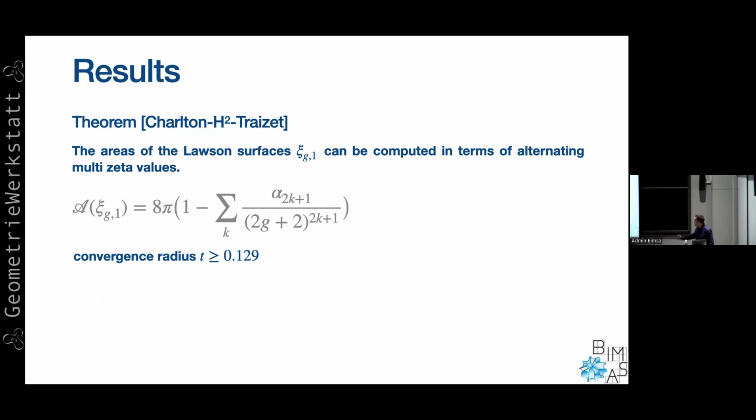We don't know that, but we can prove that the convergence radius is at least 0.129, quite huge. And as a consequence, we can deduce properties about the area, but also other properties of these surfaces up to genus 3, basically, which is really good.